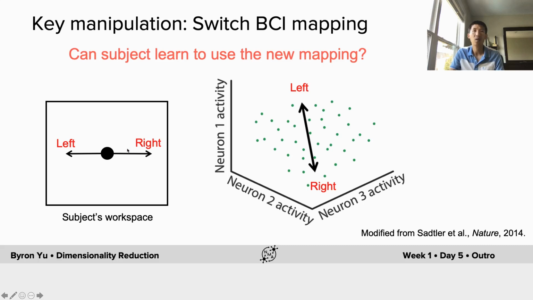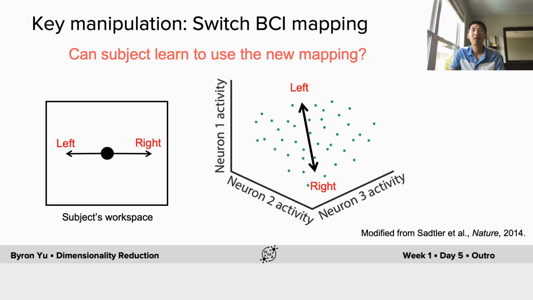And for the subject to move the cursor to the right, it would need to produce neural activity down here. As you would expect, right after we switched the mapping, the subject's performance was poor. And through trial and error, the subject might be able to learn to use this new mapping.